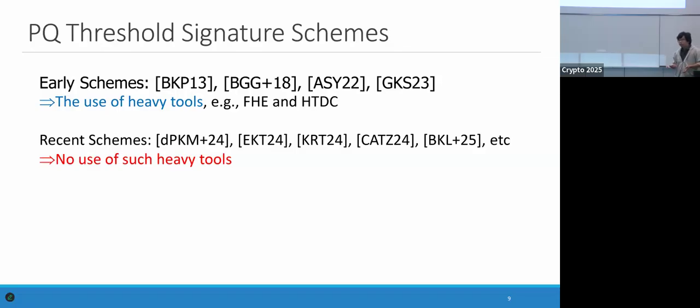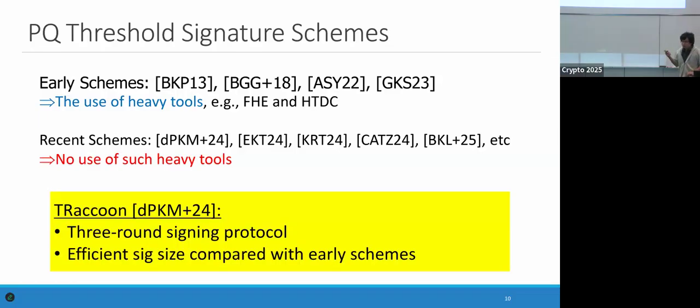Recently, some schemes without relying on such tools have been proposed. In particular, T-Raccoon is the first such scheme. The signing protocol consists of three rounds of communication, and this scheme achieves an efficient signature size compared with earlier schemes.